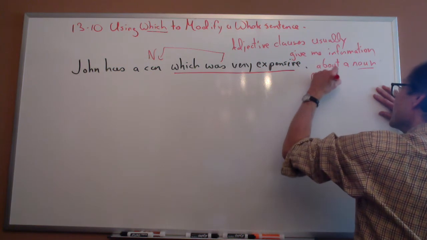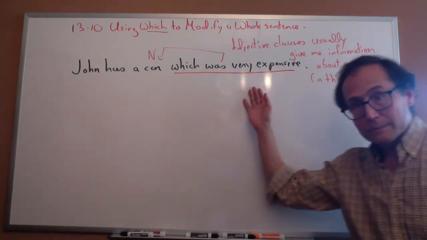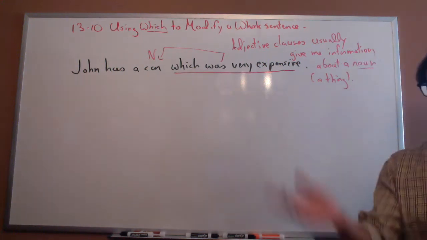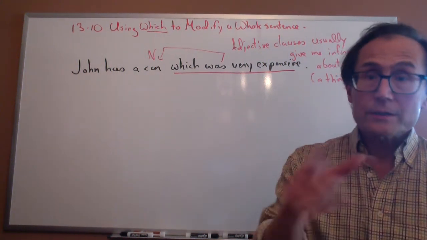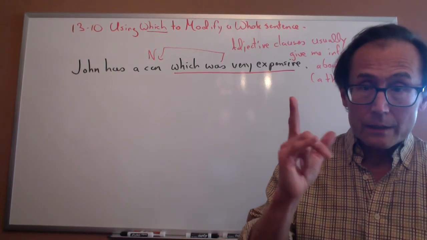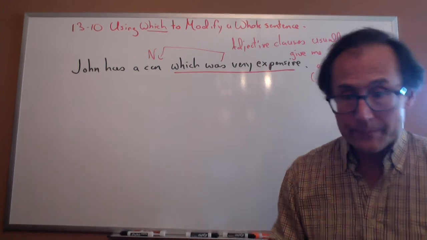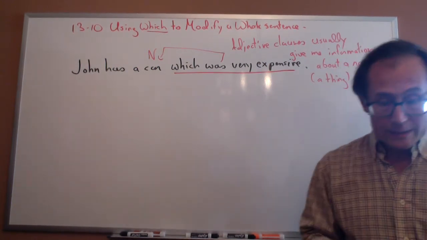A thing, or a person, or a place. Okay? So, this is what we've learned before this. Adjective clauses give me information about a thing. Now, there's another way that you'll hear Americans use adjective clauses. Let me show you what that is.